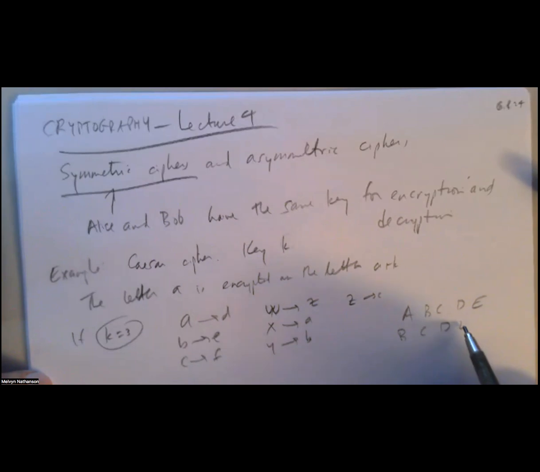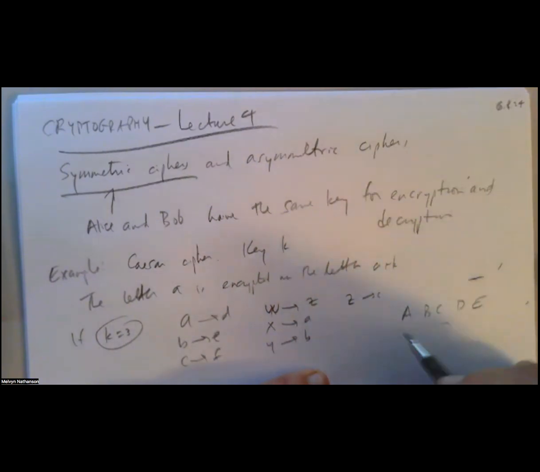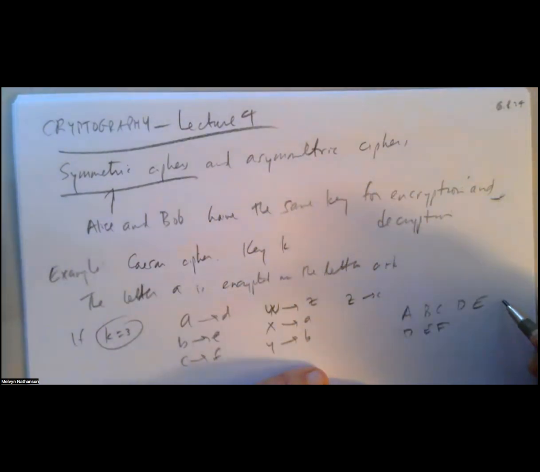B, C, D by 3 would be D, E, F, and so forth. When you get to X, Y, Z, that's A, B, C.